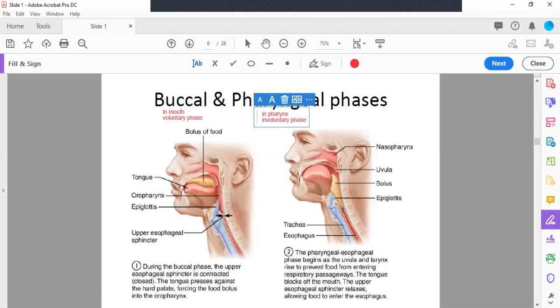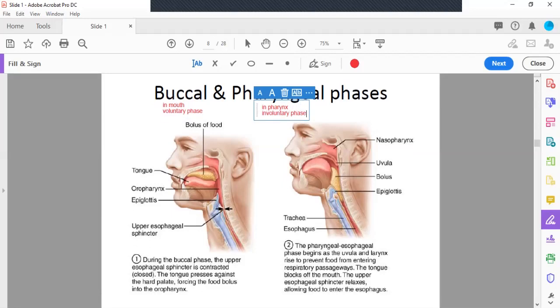In the pharyngeal phase, the uvula and the larynx rise to prevent food from going into the air passage. The tongue blocks out the mouth. The upper esophageal sphincter relaxes, allowing the food to enter the esophagus.